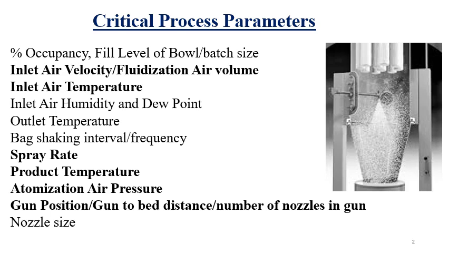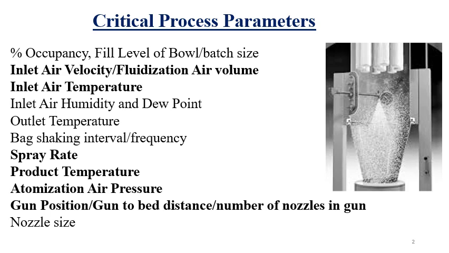So critical process parameters are those parameters which affect the critical quality attributes of the final formulation. First is percent occupancy of the bowl, or you can say the batch size. You can also say it like fill level of the bowl.